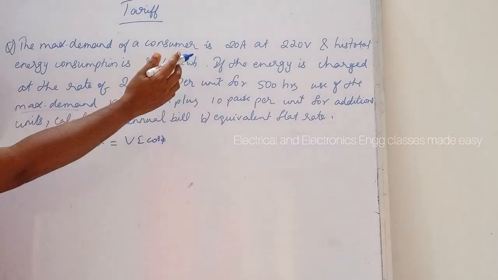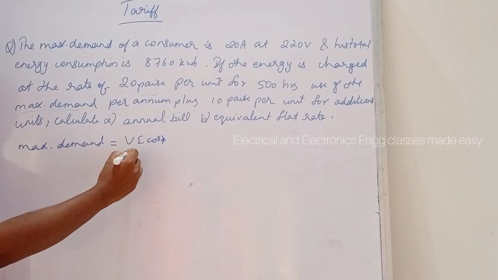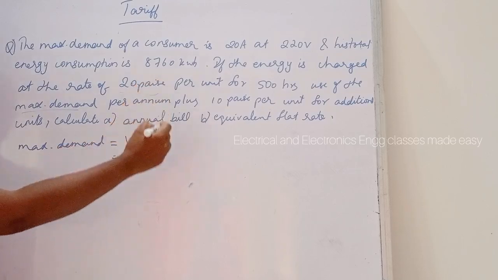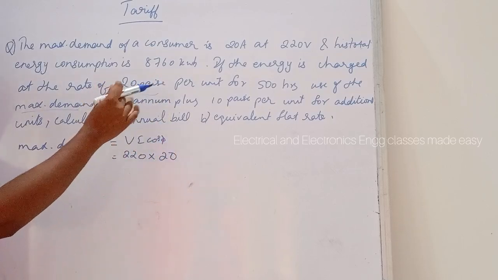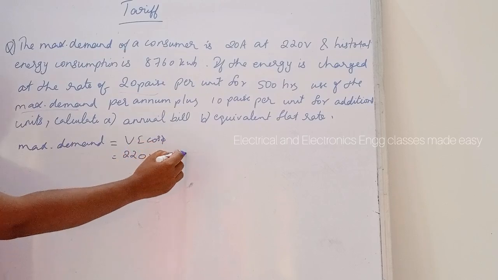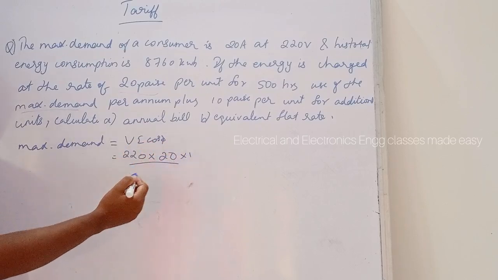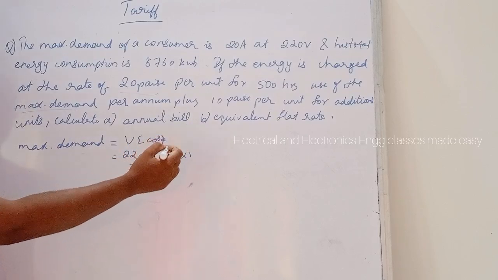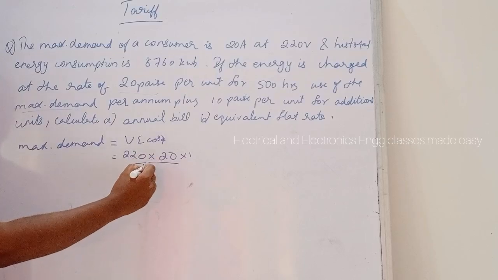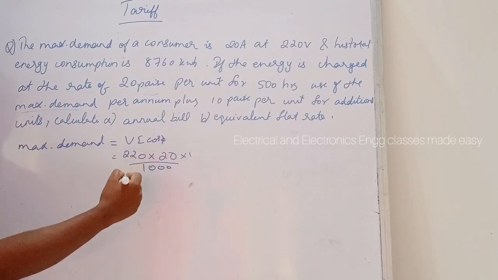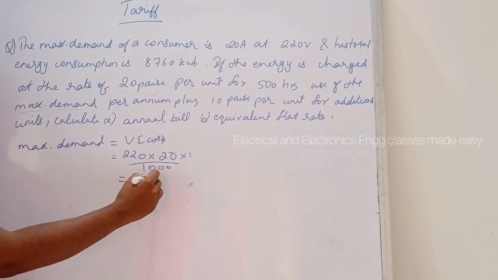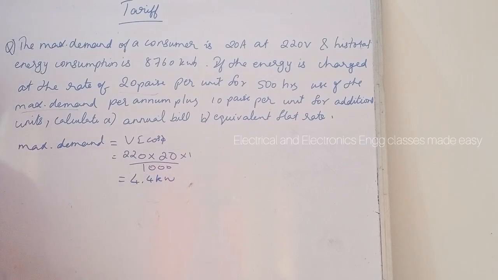V is 220 into current is 20 ampere, and the power factor is not given, so assume power factor as 1, that is unity. Then to get kilowatt we divide by 1000, so we get 4.4 kilowatt.